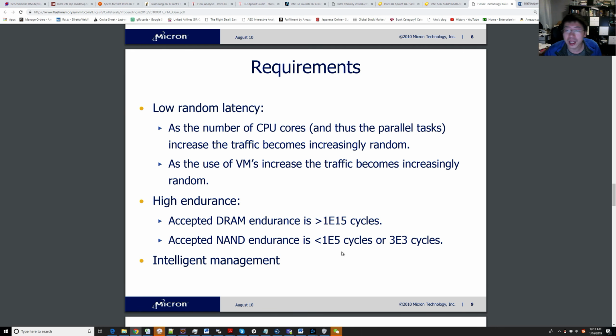So maybe you can get away with using it for, maybe you have some special protocol with the CPU so that it doesn't put the things that it knows are frequently changing on it. For example, the page table, or things that have to be kept on getting written to.